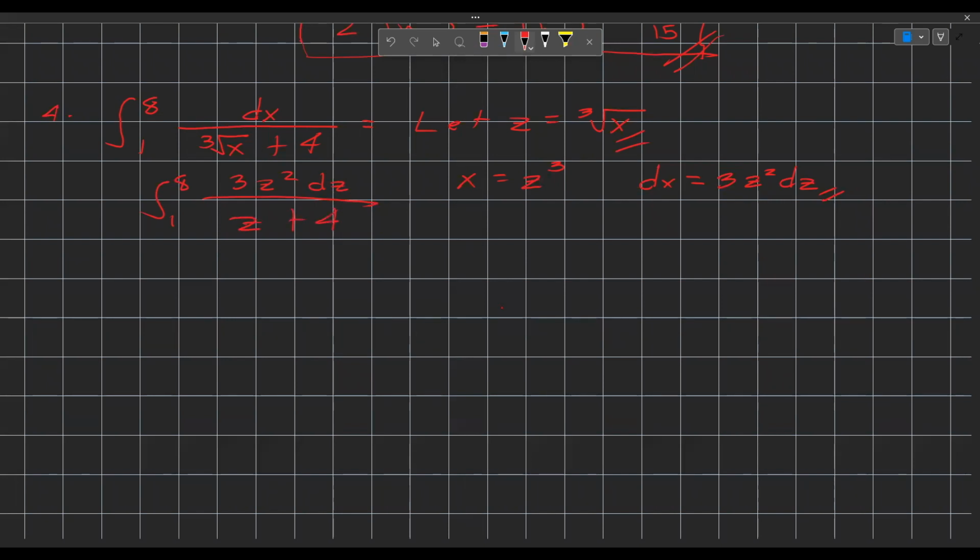plus 4. Now we notice that the exponent of the numerator is 2 and the exponent of the denominator is 1. And by rule, if the exponent of the numerator is higher than the denominator, we have to do the long division, which is like this.